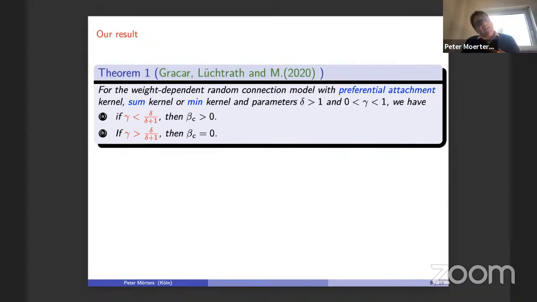So the interesting thing here is that in order to have no subcritical phase, you need both. You need sufficiently large gamma, so a scale-free network with a pretty heavy-tailed degree distribution, but you also need a lot of spontaneous long edges reflected in small values of the delta.